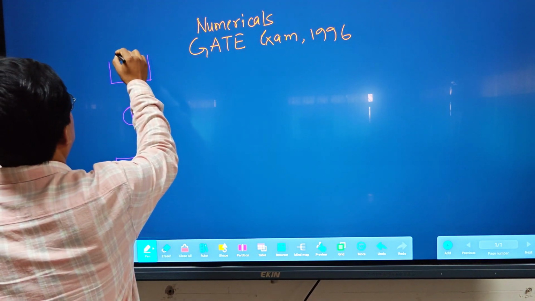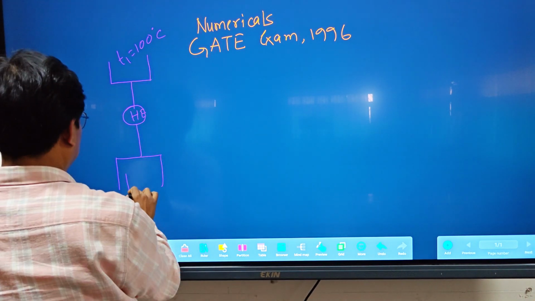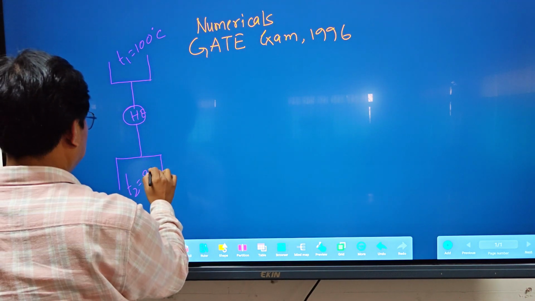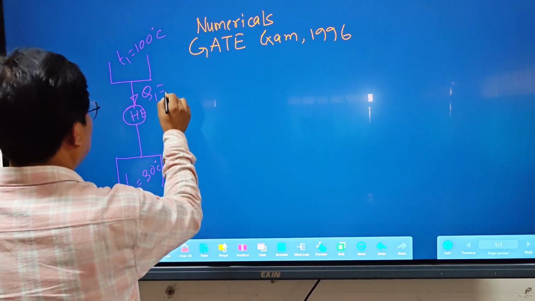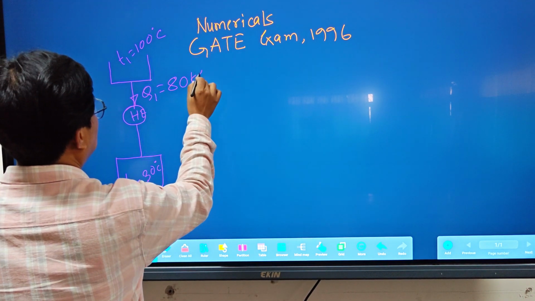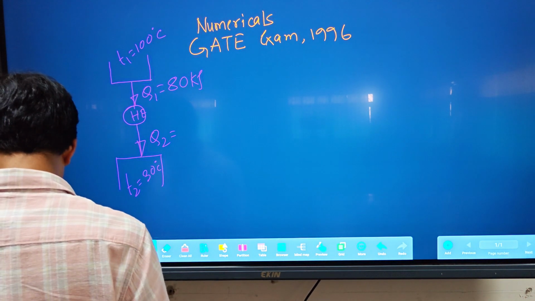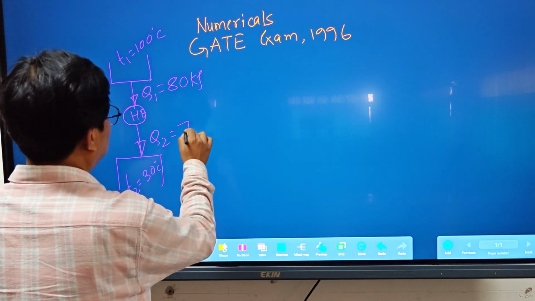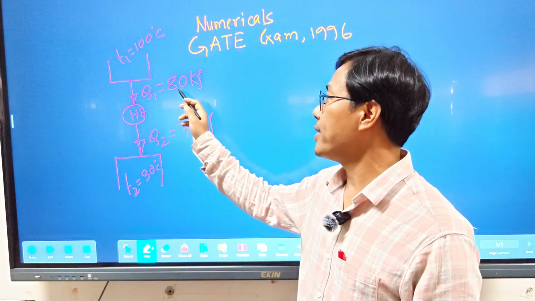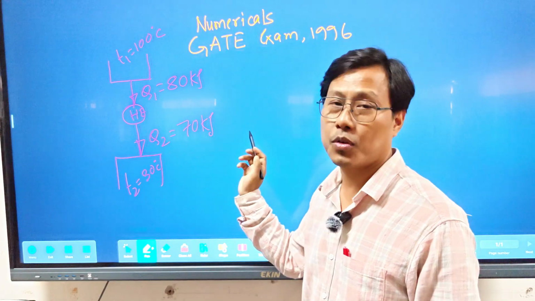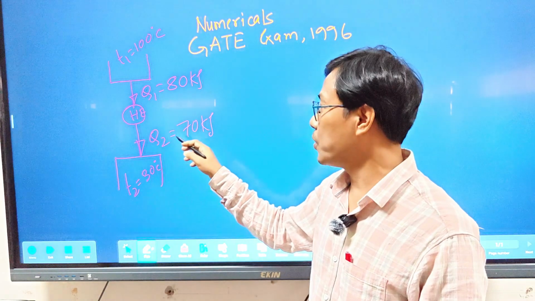We have here T1 equals 100 degrees centigrade, T2 equals 30 degrees centigrade, Q1 equals 80 kilojoule, and Q2 equals 70 kilojoule. So for this heat engine, Q1 is given as 80 kilojoule and Q2 is given as 70 kilojoule. Heat received is equal to 80 kilojoule and heat rejected is equal to 70 kilojoule.